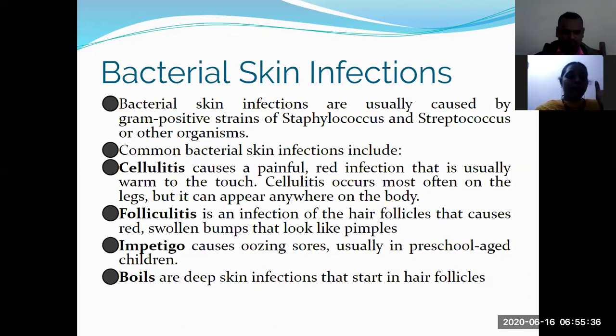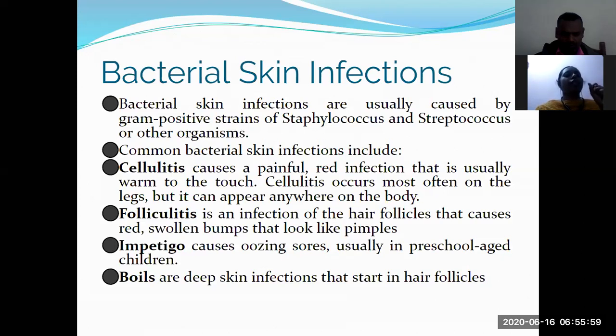Sometimes we will see some red rashes on our legs. We may think it is a rash from a mosquito bite or ant bite, but it may be because of cellulitis, because this bacteria may be transferred from our clothes. Then folliculitis.